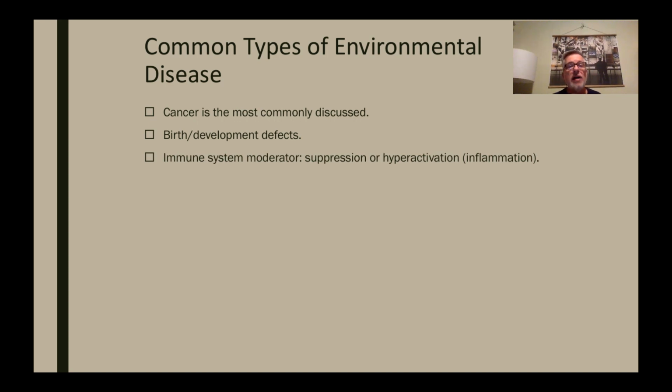Many toxins act as immune system modulators. They can suppress the immune system, which means you get sick more often, or they can hyperactivate it, which results in inflammation. And we're finding out chronic inflammation is very bad for human beings. They may be endocrine system disruptors.